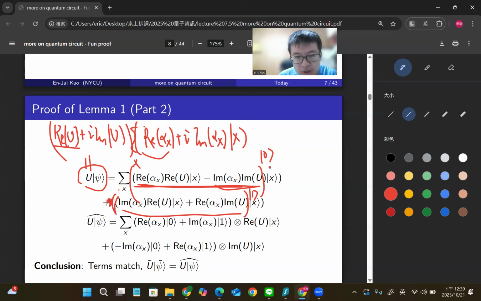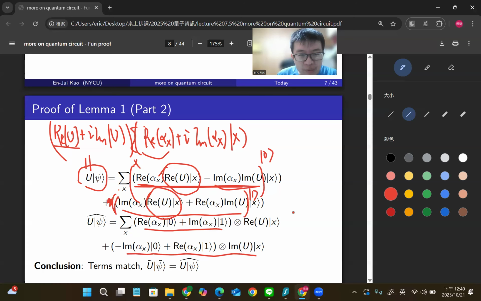Now let's see what the real U acting on x is. Real U has this coefficient and this one, so we get real alpha x0 plus imaginary alpha x1, which is here. For imaginary U, we get minus imaginary alpha x0 plus real alpha x1. So it's here.